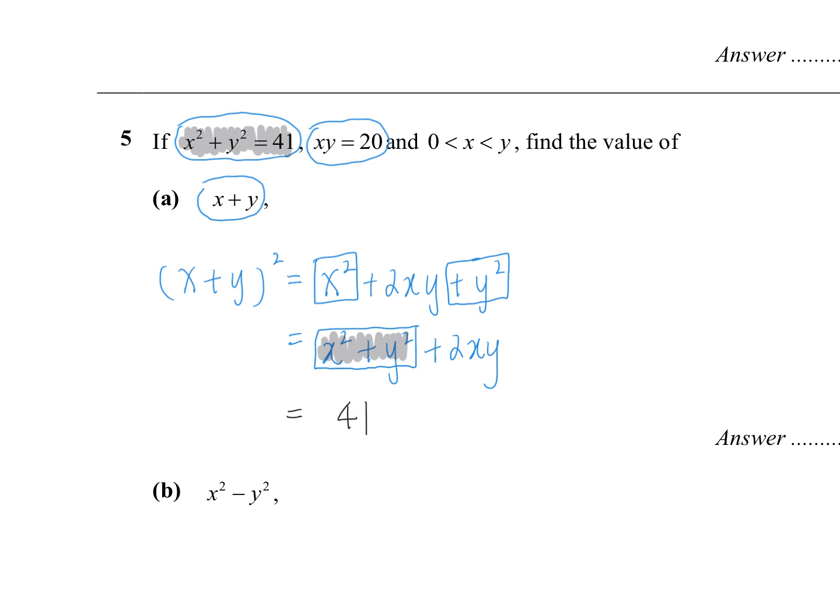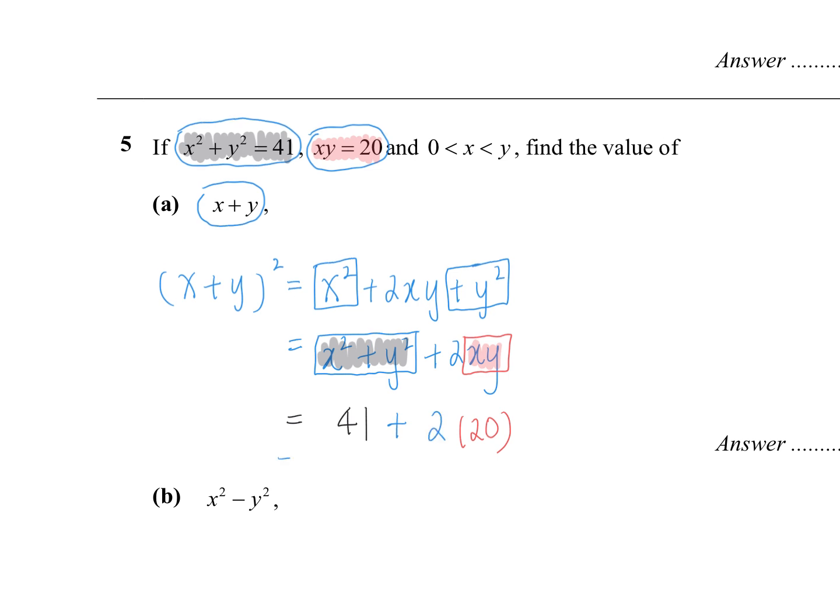Okay, the next group I want to change is xy. I'm given that xy is 20. So I'm gonna sub in this xy to be 20. Okay, the rest I keep as per normal. So I end up having 81.